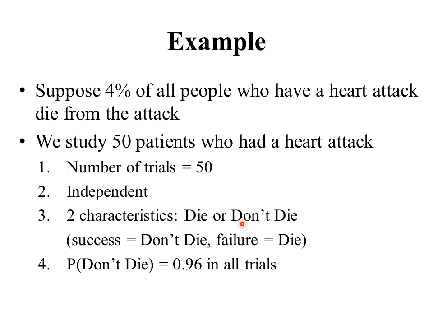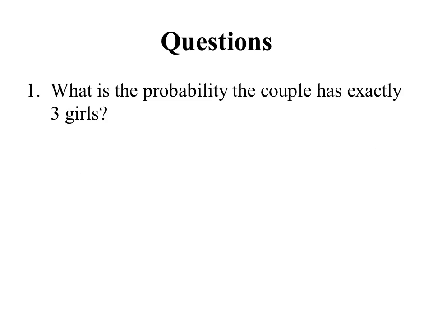Either the person dies or they don't die. We'll call a success not dying and a failure dying. So the probability of a success is 0.96 in all trials, because 4% of people die, that means that 96% of people live. And so this scenario can be described by a binomial distribution.